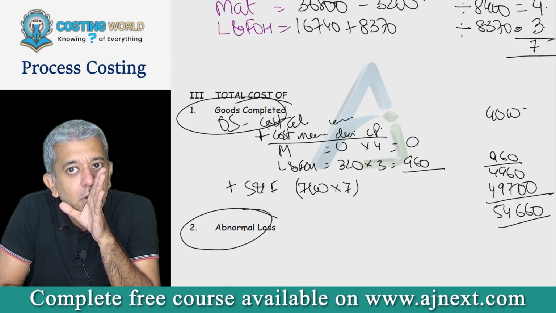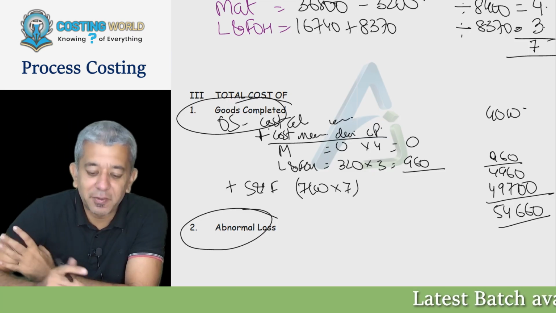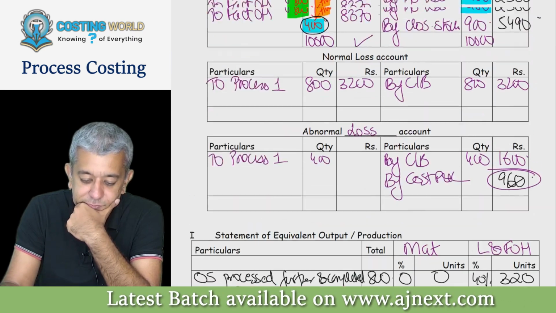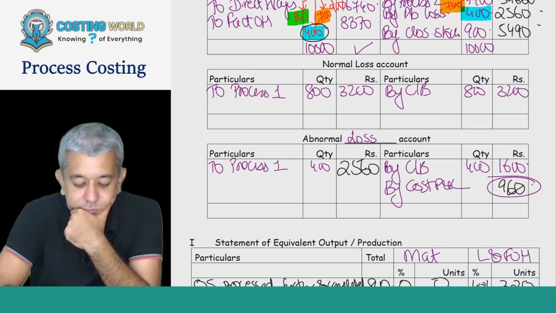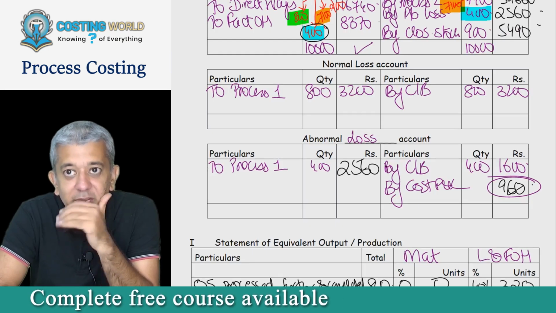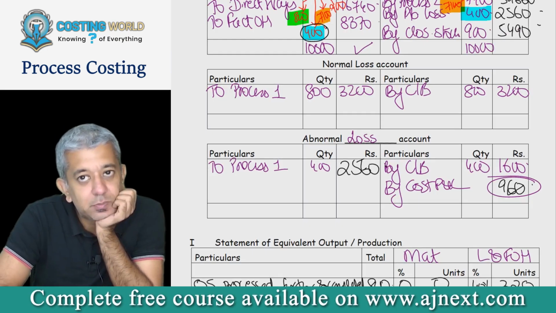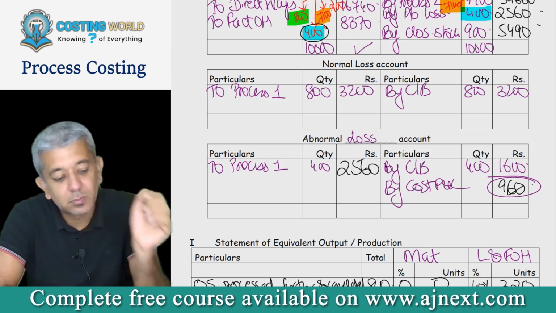Sir, can you please show the abnormal loss account? Then what will be left after that? Abnormal loss account 2,560 will come over here. You want the calculation for abnormal loss? No, I understood.